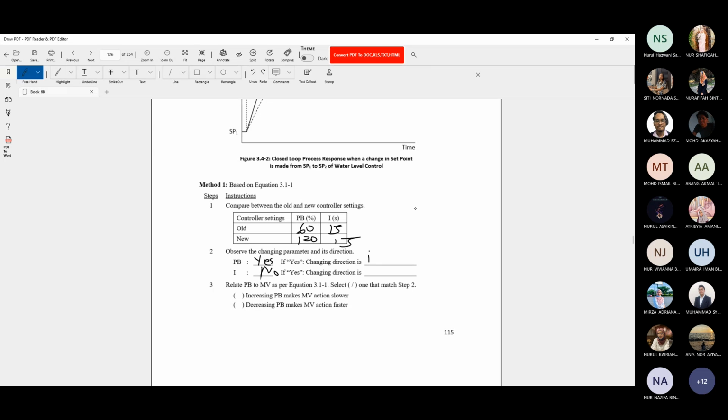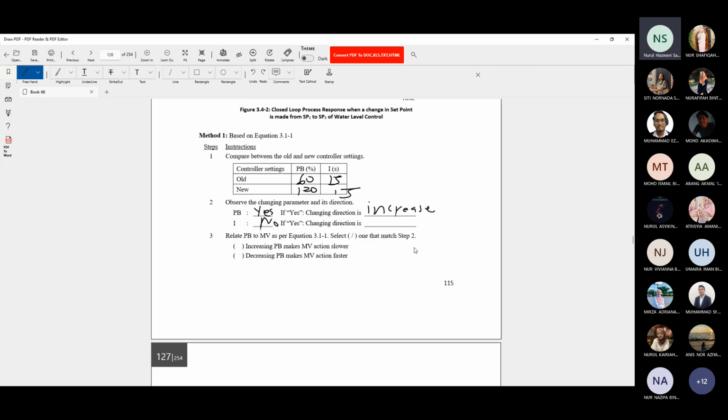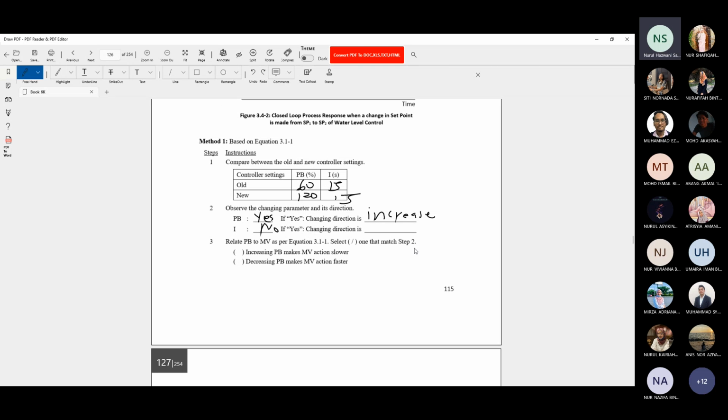Increase. Increase kan from 60 to 120. Okay, so now we know that our PB is increased.